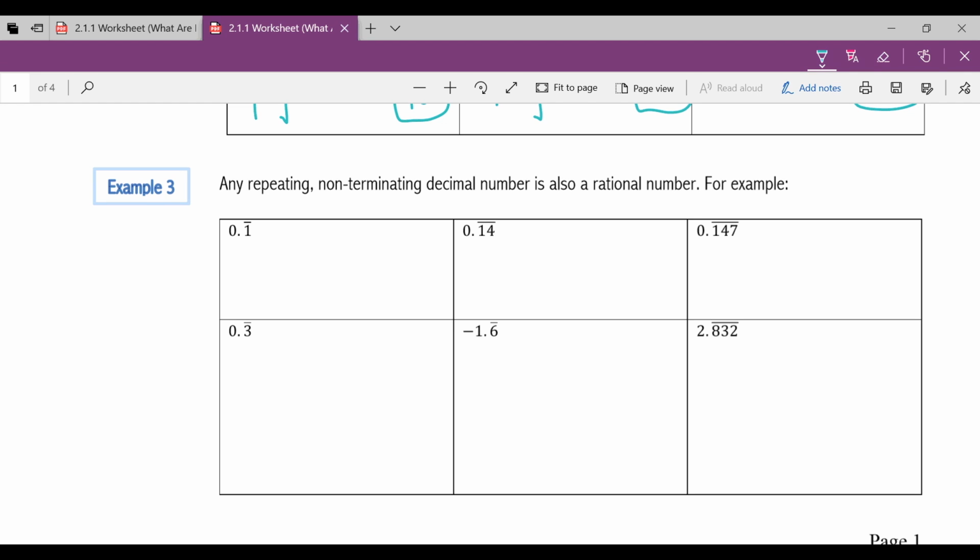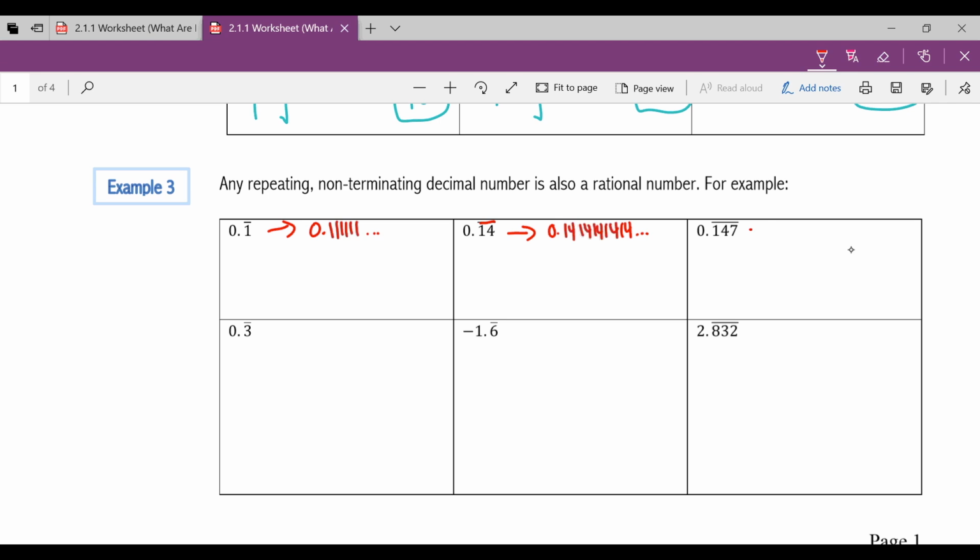Now, what do I mean by repeating decimal? Well, 0.1 with a bar really means 0.11111 forever, just like that. All right. 0.14 with a bar really means 0.14 because the bar is over both numbers. The 14141414 repeats just like that.